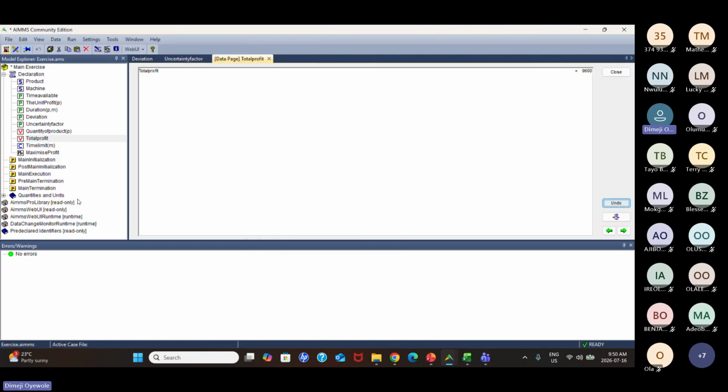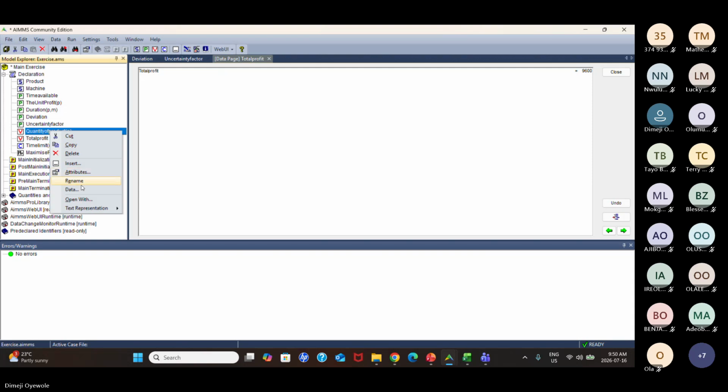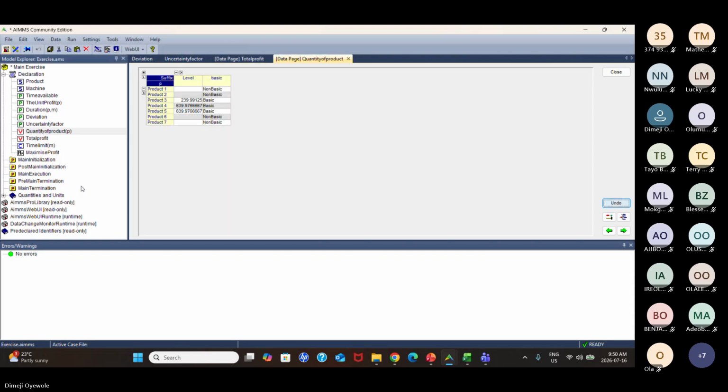We go to where we have the profits. It's 960 for the deterministic model. Then for the robust, it is going to be... So if we look at the products, the values have changed.